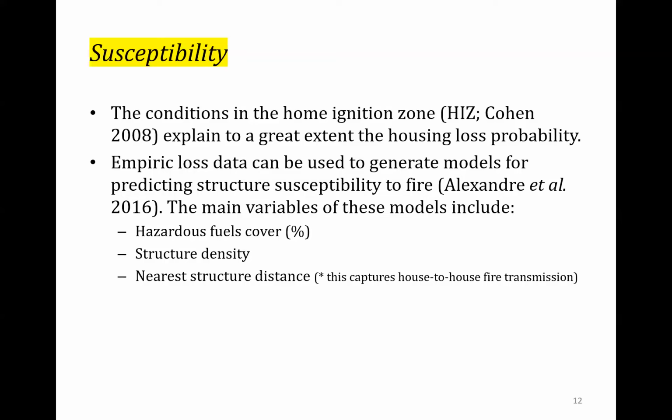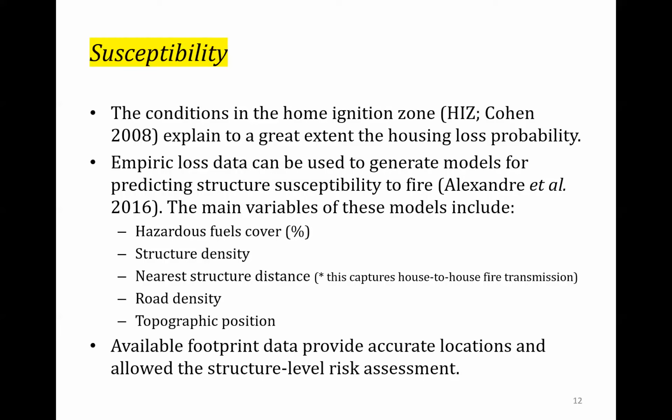Here, I want to emphasize that this captures to some extent the house-to-house fire transmission. We were not considering this in the burn probability, but this is somehow integrated into the framework in the susceptibility model. Then we have the road density and topographic position too.